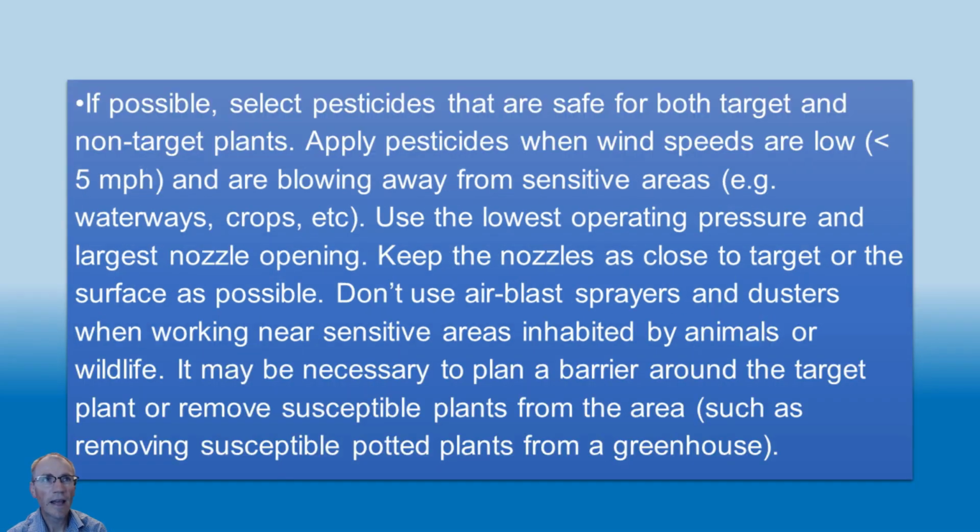If possible, select pesticides that are safe for both target and non-target plants. Apply pesticides when wind speeds are low, less than 5 miles per hour, and are blowing away from sensitive areas, e.g. waterways, crops, etc. Use the lowest operating pressure and largest nozzle opening. Keep the nozzles as close to the target or the surface as possible.